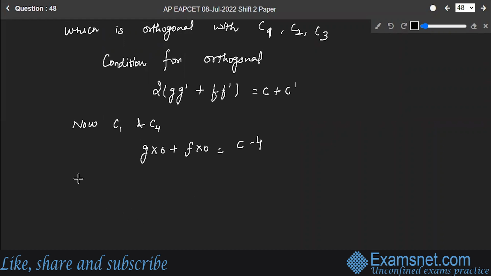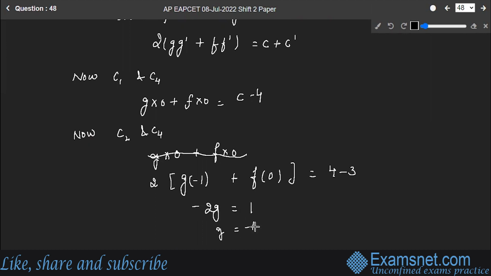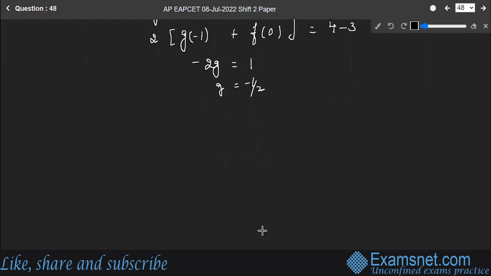Similarly, for the second and the fourth circle, this can be written as 2g into minus 1 plus f into 0 is equal to c minus 3, which will give you minus 2g is equal to 1, or g is equal to minus 1 by 2. This was for the second and the fourth circle.